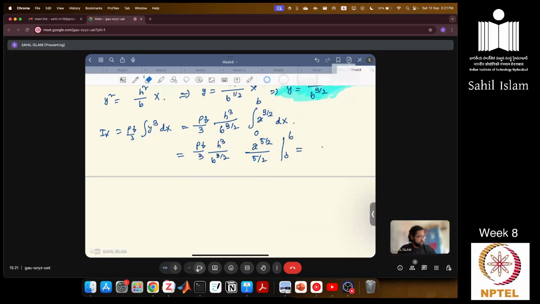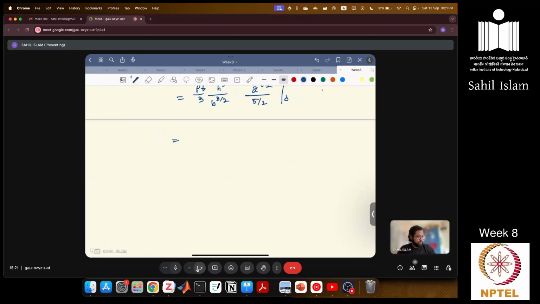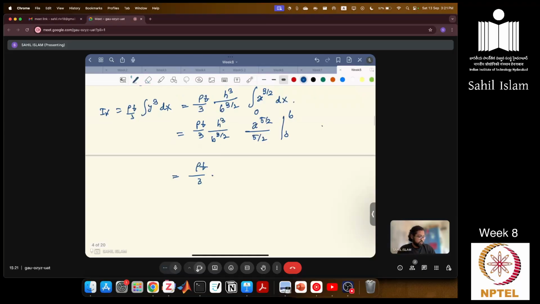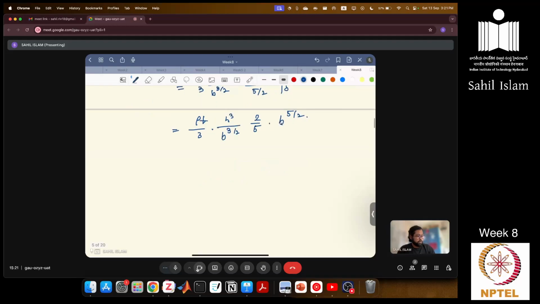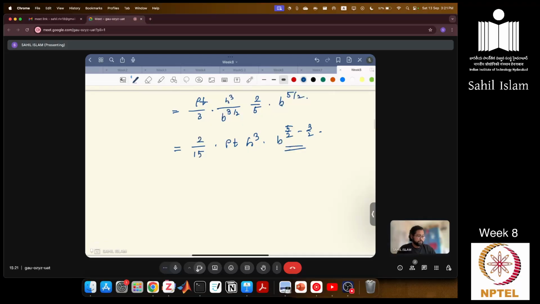Let's get a new page. So here you get rho t by 3, h cube by b to the power 3 by 2, 2 by 5 b to the power 5 by 2 minus 0. So you get 2 by 15 rho t h cube, b to the power 5 by 2 minus 3 by 2, which is just b.